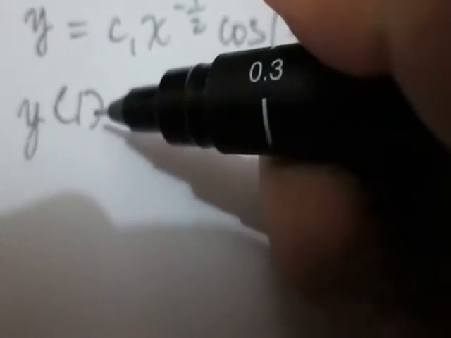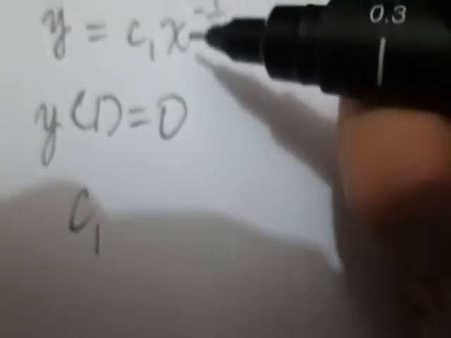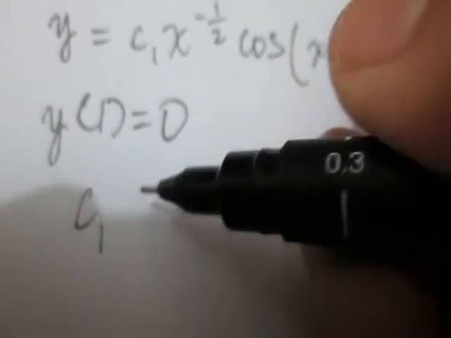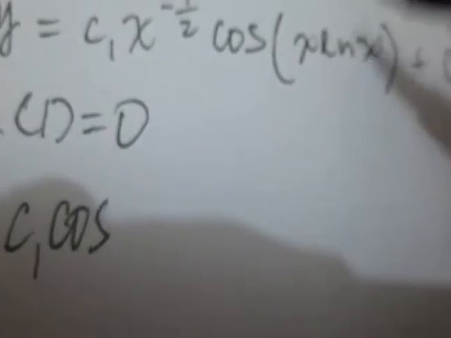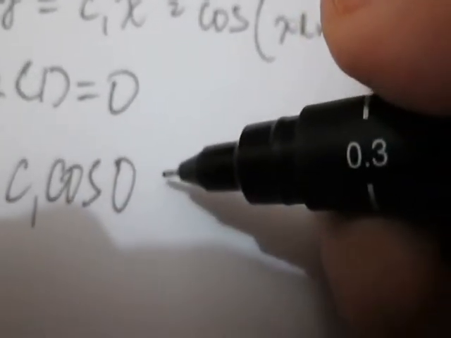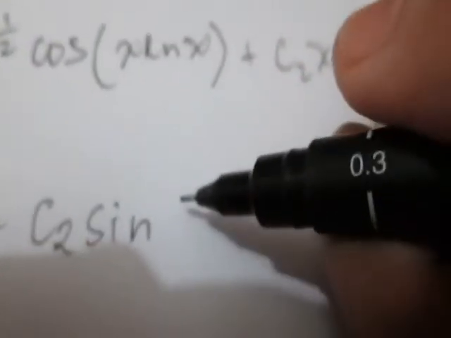We are given that the value of y when x equals 1 is 0. So we substitute 1 for x, so we have c1 times x to the negative 1 half; 1 to the negative 1 half is 1. So we have c1 cosine of lambda times ln of 1, which equals 0, so cosine 0, plus c2 still times 1 times sine of lambda ln 1, which is 0, equals 0.